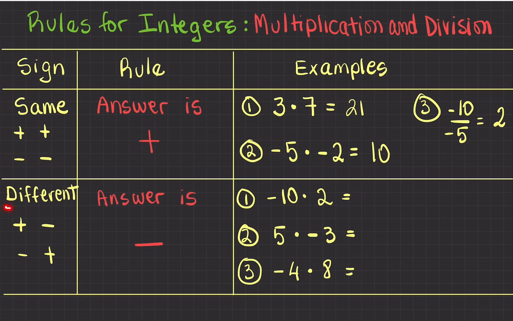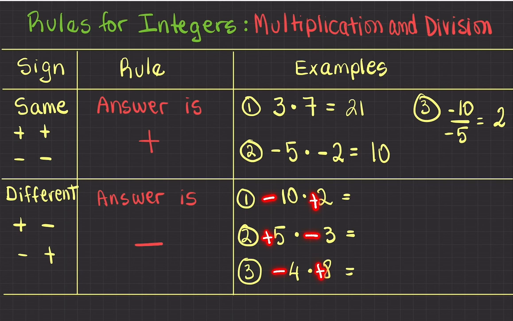Okay, what happens if the signs are different? One is positive and the other one is negative. The rule says if signs are different, your answer will always be a negative number. As you can see in all of these examples that I have here, one number is negative, the other one is positive. Positive and negative.